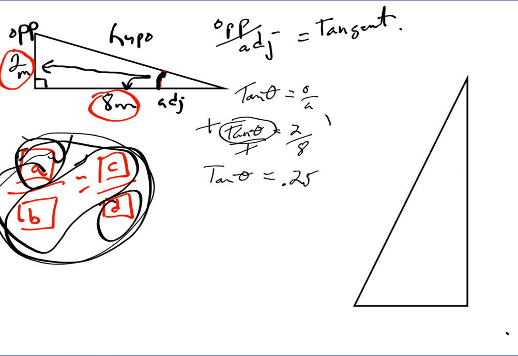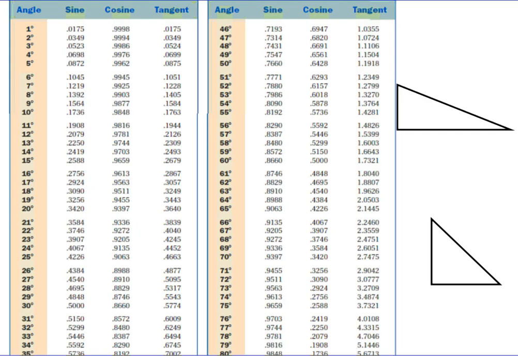This is where we're going to go back to this table. Let's find somewhere in the tangent section that we see a number that's really close to 0.25. Let's go through here. Oh, that's too far. That's really close to 0.25. It's 0.2493, so that's associated with 14 degrees.